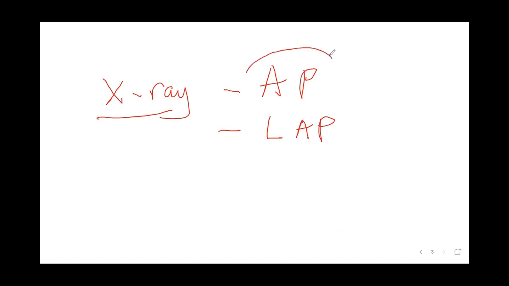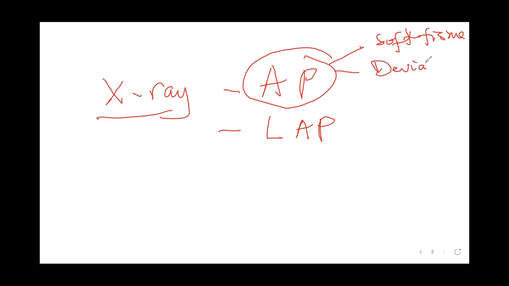For a goiter, on the AP view, you will see a soft tissue shadow in the neck. It also shows you the position of the trachea, whether there is deviation of the trachea or the trachea is central.